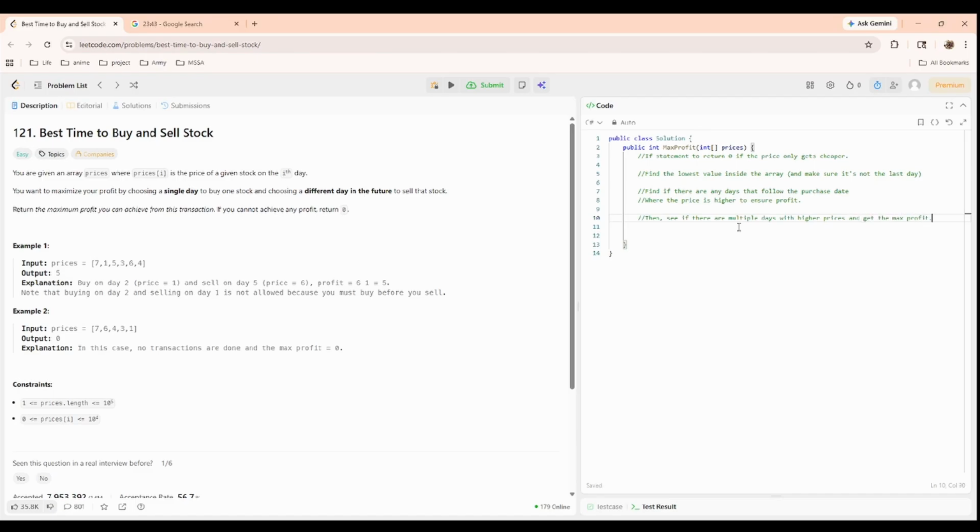Like of those days that are higher prices, obviously the highest number is the day that you would want to sell.